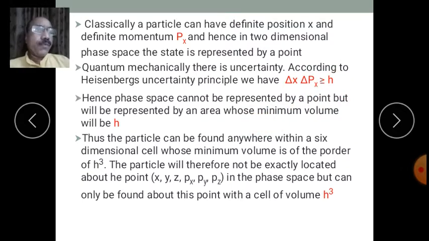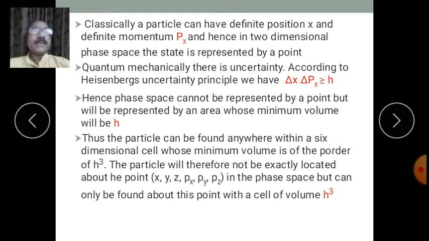So if we want to measure the momentum, we cannot find out definite position. If we find definite position, there is uncertainty in the measurement of momentum. Here h is again Planck's constant.